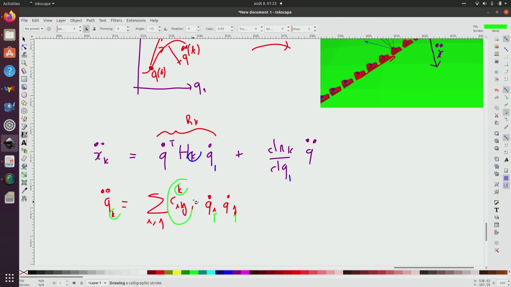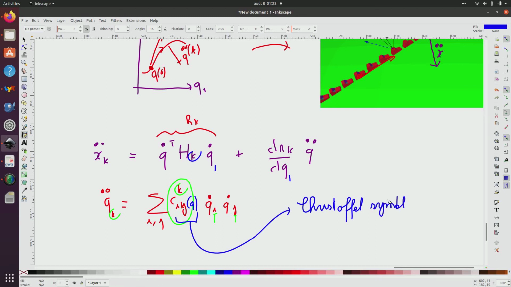So this one has 3 indexes, and they depend on q, and they are called the Christoffel symbols. To compute them, it is comfortable to use symbolic computation. So Christoffel symbols of the second kind, because there is also the first kind. They are classically used in the theory of general relativity.